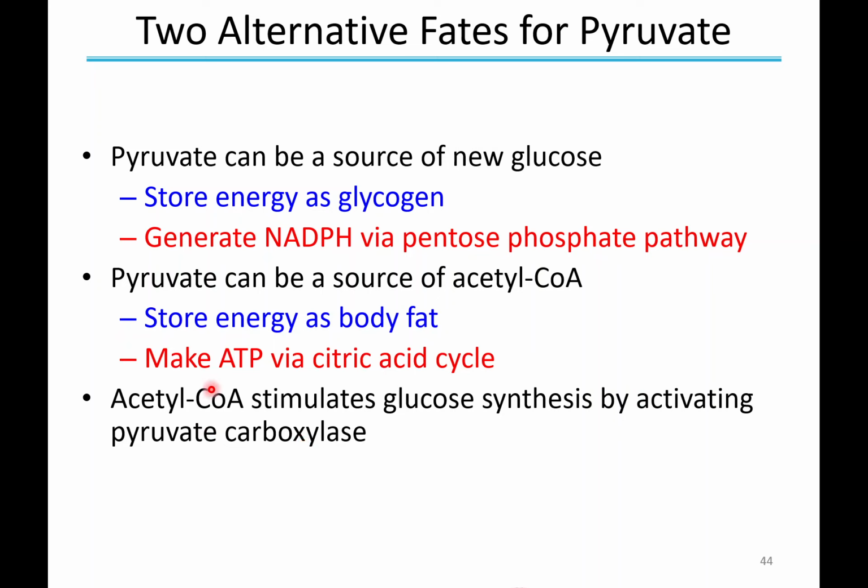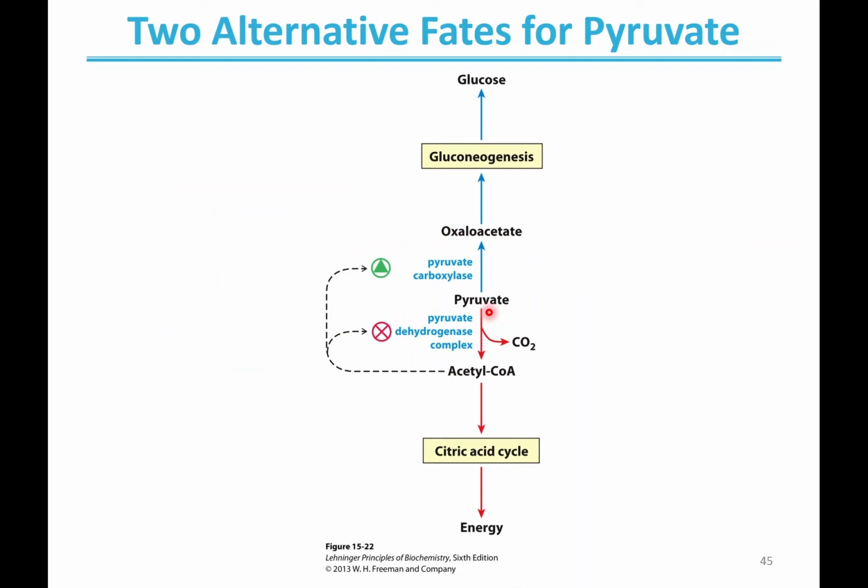So abundant acetyl-CoA means you don't necessarily need energy, and you're going to stimulate gluconeogenesis by activating pyruvate carboxylase. And remember, pyruvate carboxylase is that first step in gluconeogenesis.